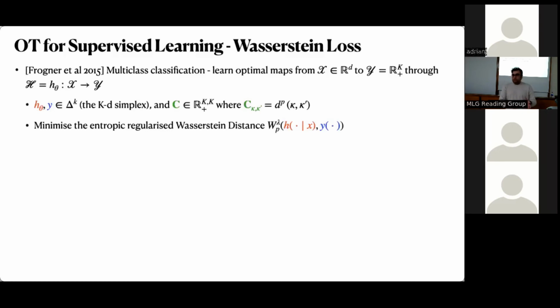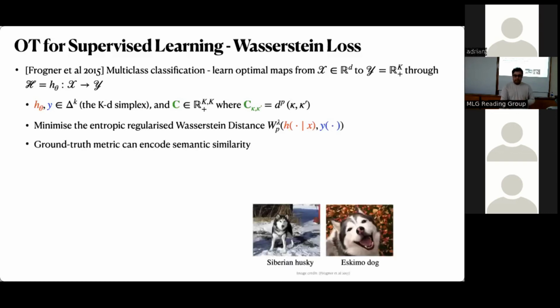The problem is that the actual Wasserstein distance doesn't differentiate, so you can't do it, but you can solve for the entropic regularized Wasserstein distance instead. And so you just minimize this with respect to theta. And the nice thing here is that this cost matrix D is measuring some property between two points on the k-dimensional simplex, right?